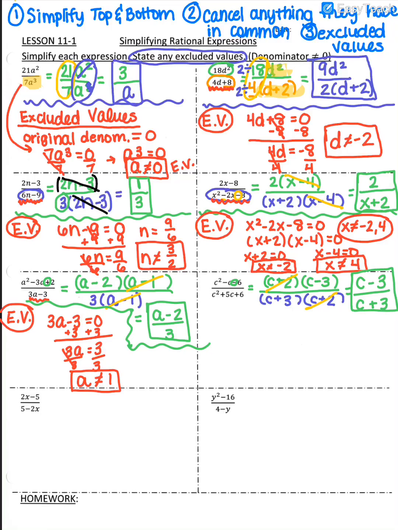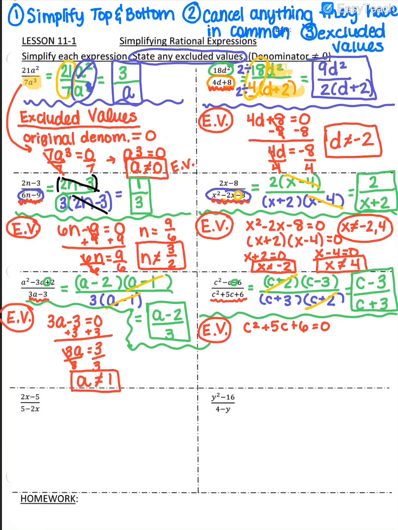Now we're going to go and find our excluded values. And again, since we already factored the bottom, this is going to be pretty easy, or at least pretty quick. So remember, it's my original denominator, set equal to 0. Oh, sorry, I turned off my pen. So I have c squared plus 5c plus 6 equals 0.